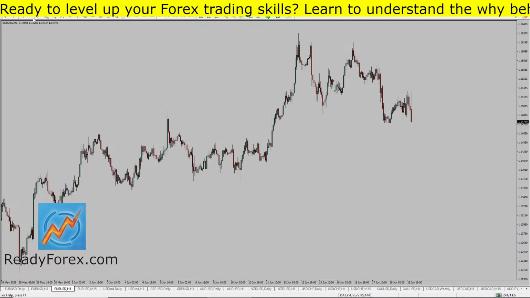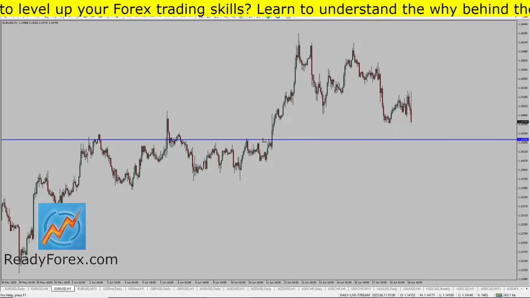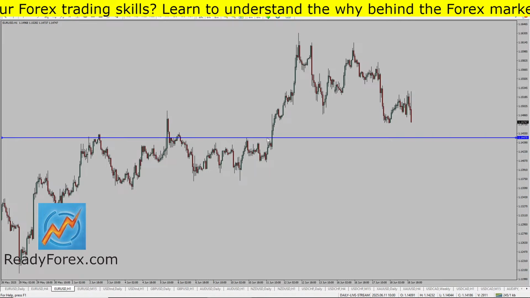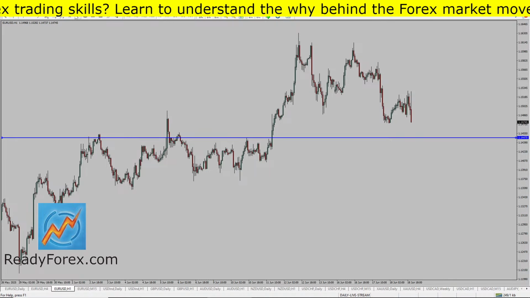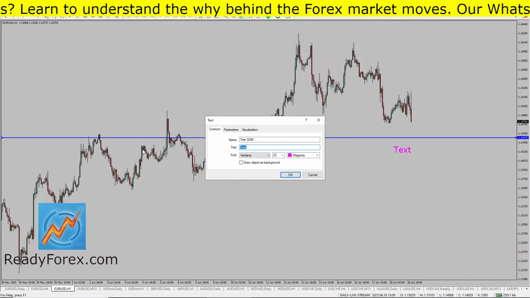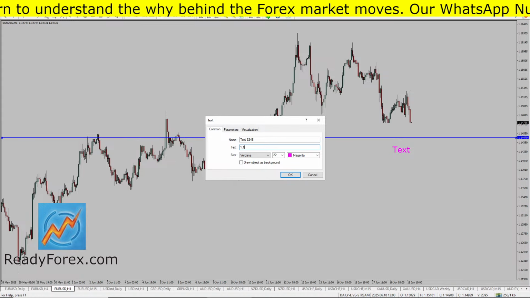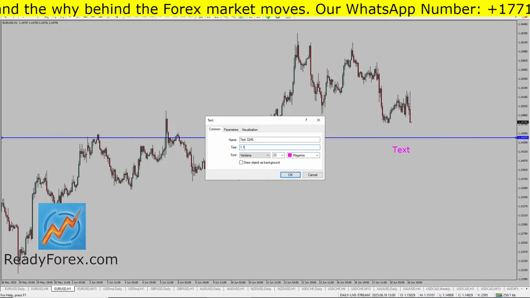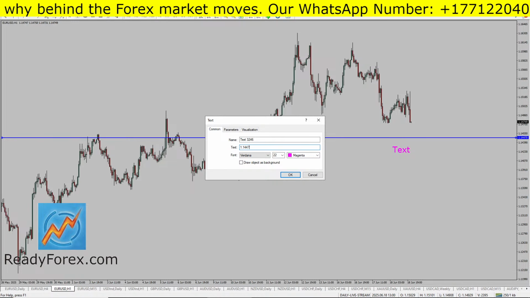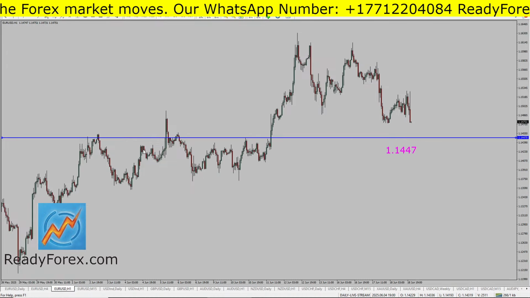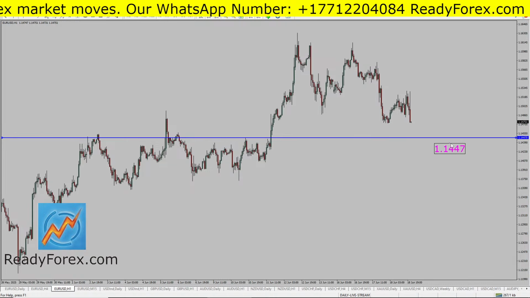Now I'm actually looking at an important support area, which was basically working as a resistance. So the level is 1.1447.